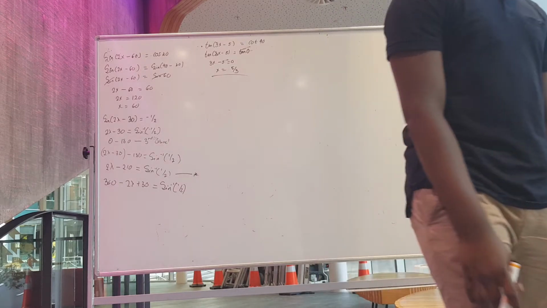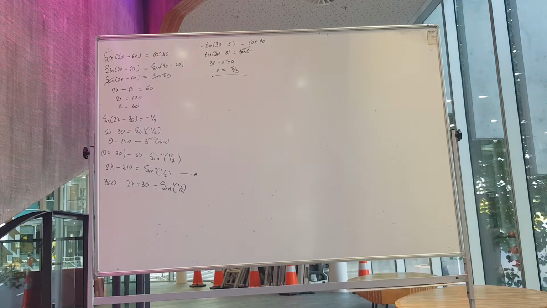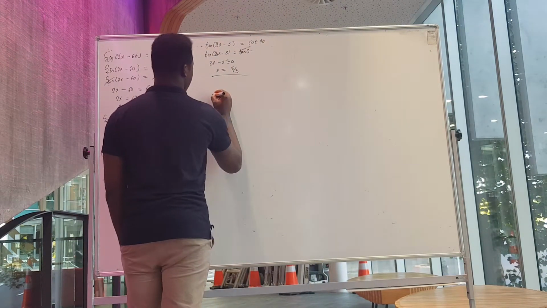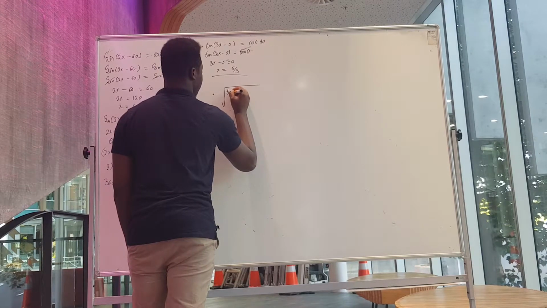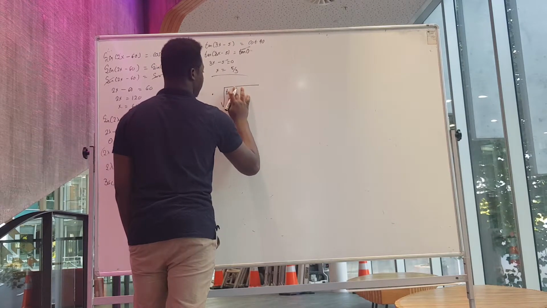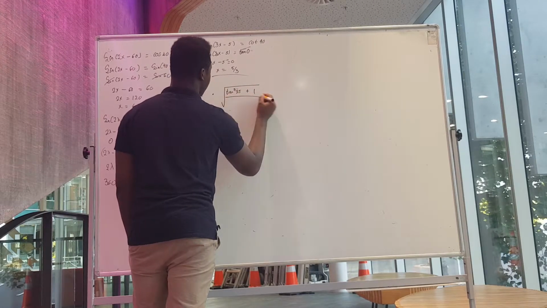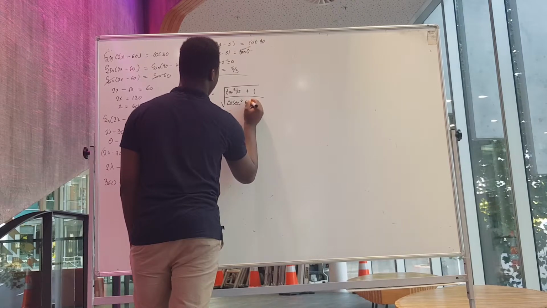Next one is based on your knowledge of trig functions and identities. So the square root of tan squared 25 plus 1 divided by cosec squared 65, I guess.